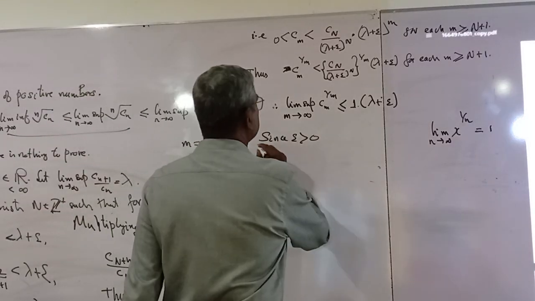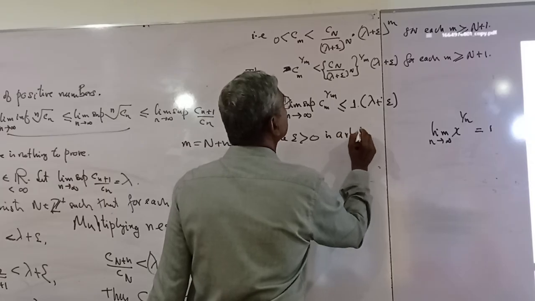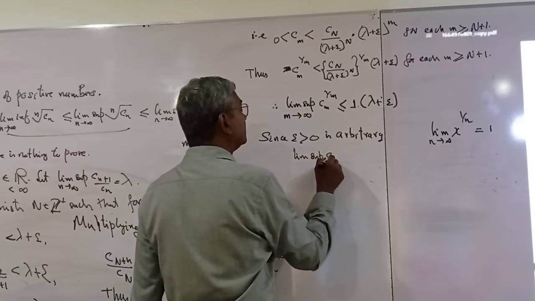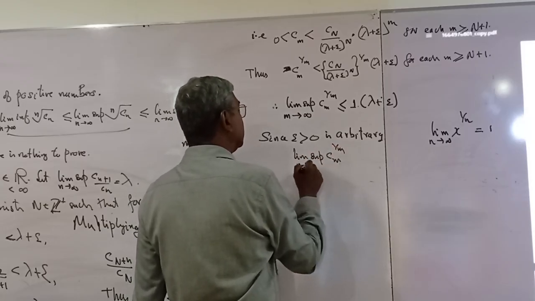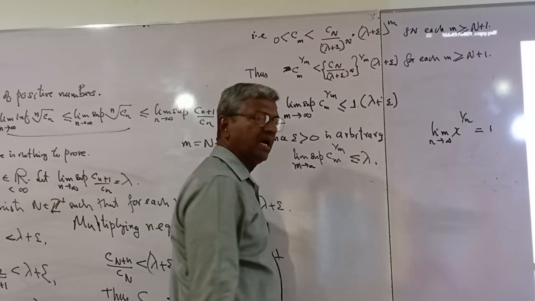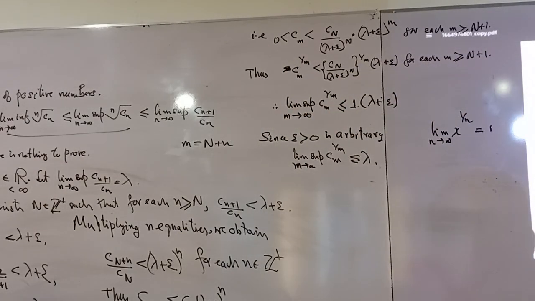Since epsilon greater than 0 is arbitrary, lim sup Cm raised to the power 1 over m, m tends to infinity, is less than or equal to lambda. So I have proved the right hand side.